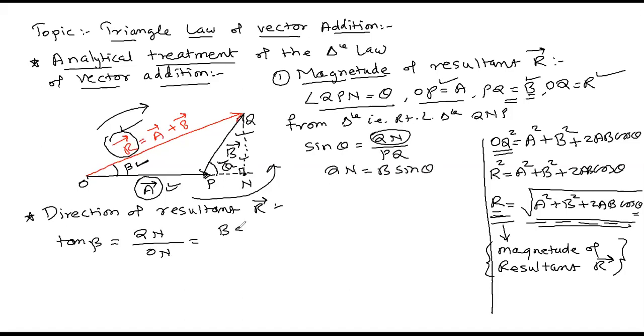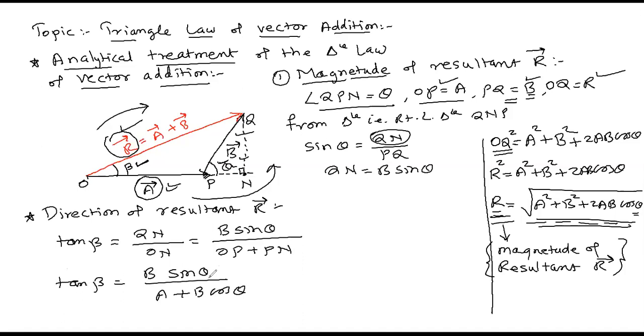So B sin theta divided by, what is ON? ON is nothing but OP plus PN. So B sin theta divided by OP, which is nothing but magnitude of vector A, plus, what is PN? PN is nothing but B cos theta. Just now we have proved.